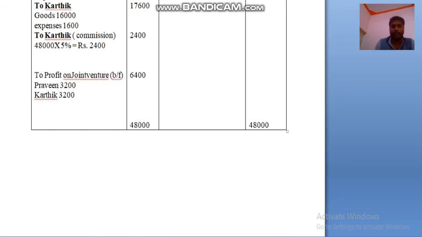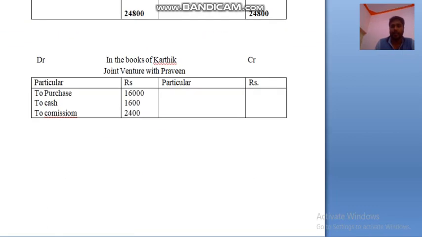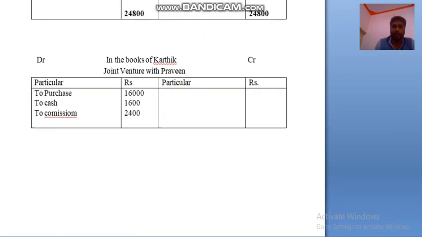Next, here the profit of Karthik. How much profit of Karthik? 3,200. So here the profit of Karthik is 3,200, profit and loss 3,200.